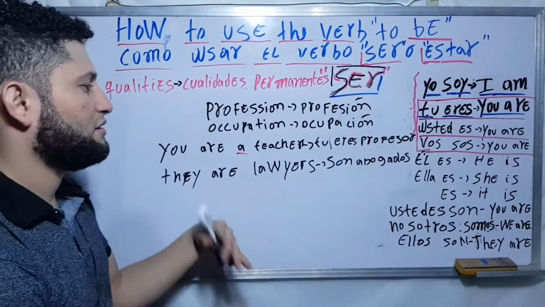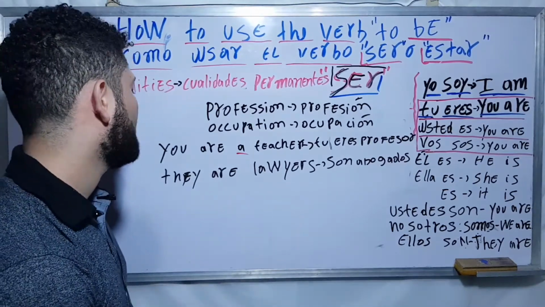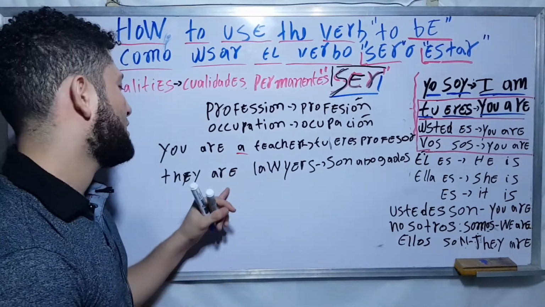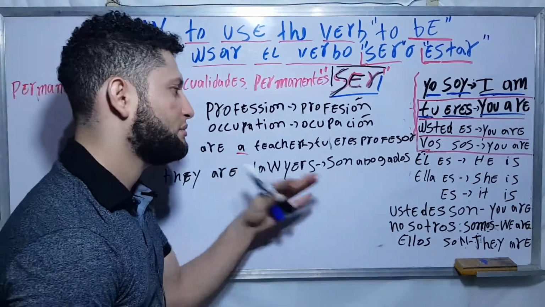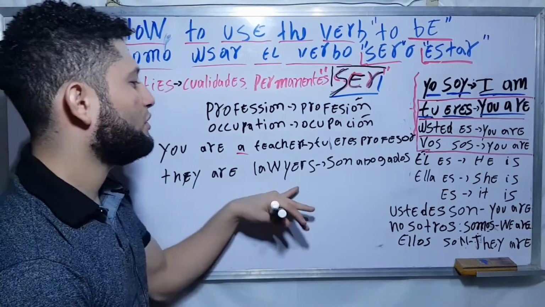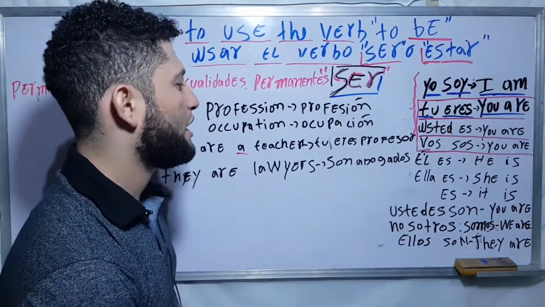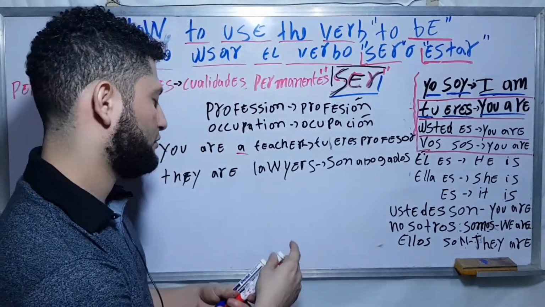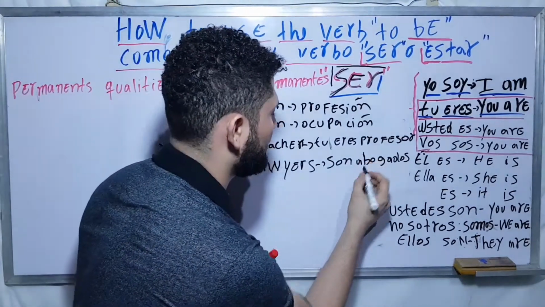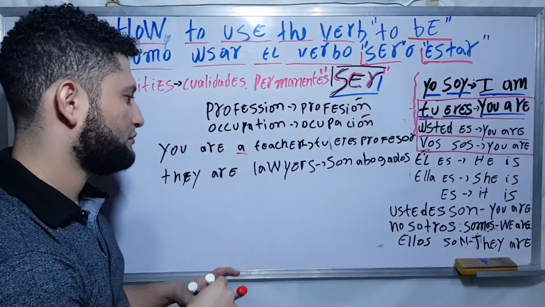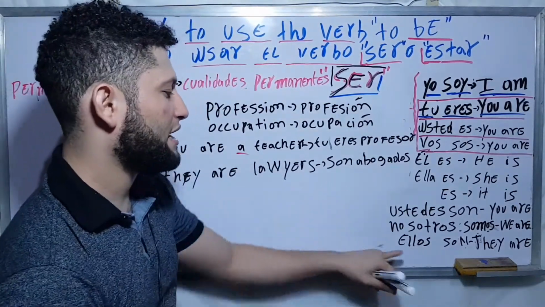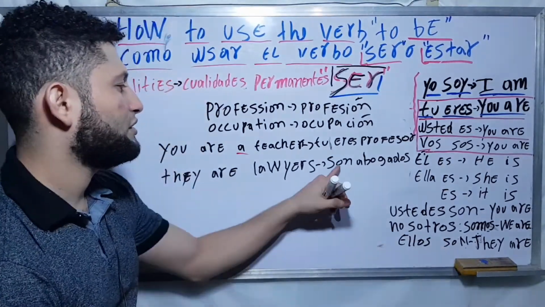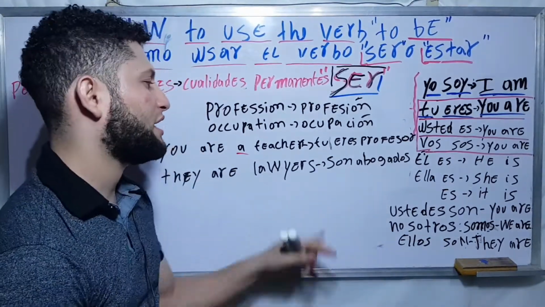So in this case, because it's more than one, it's not necessary to say they are a lawyer, because in more than one, they are lawyers, son abogados. So once again here I wanted to skip that part, which is son abogados. I can say ellos son abogados, but it's more natural to say son abogados.